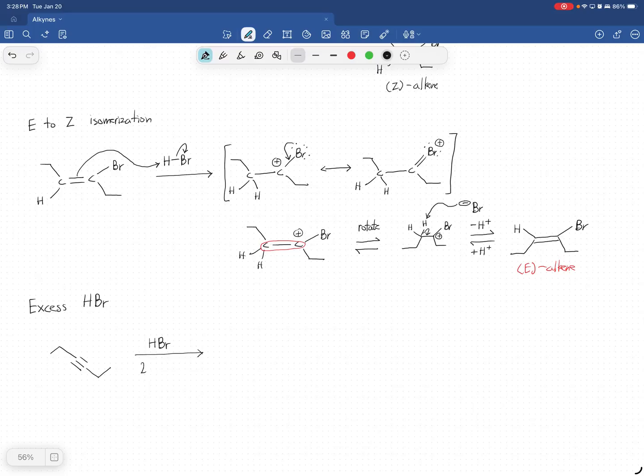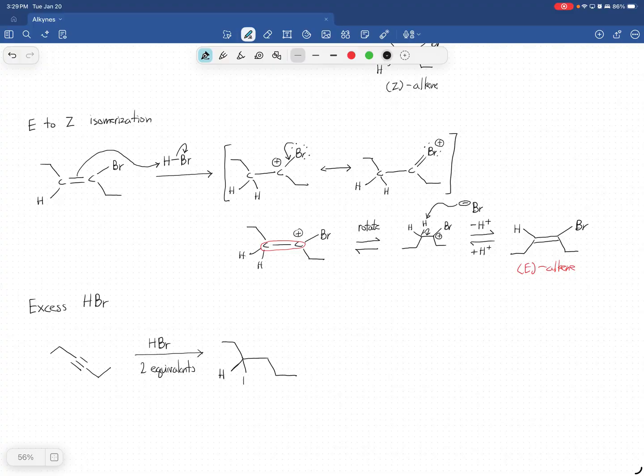If I say two equivalents, that means I add 2 molecules of HBr, so the alkyne can actually react twice. So let's talk about how this works. You react it twice, you get two equivalents of both the hydrogen and the Br adding.